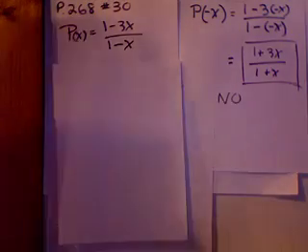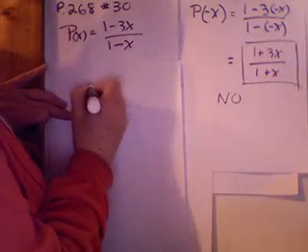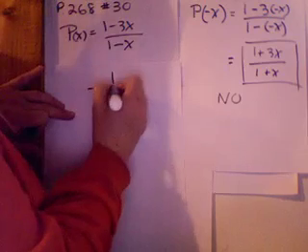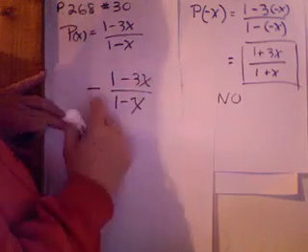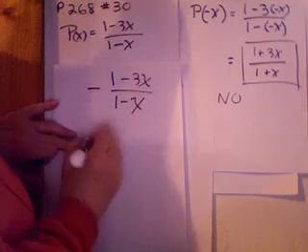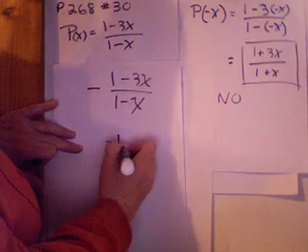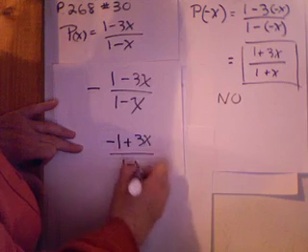So now we have to check for x-axis symmetry. Basically, I do that by seeing if the equation is the exact opposite. So put a minus in front of the equation and see what happens. I like to distribute the minus to the top, so I'm going to rewrite it, minus 1 plus 3x over 1 minus x.